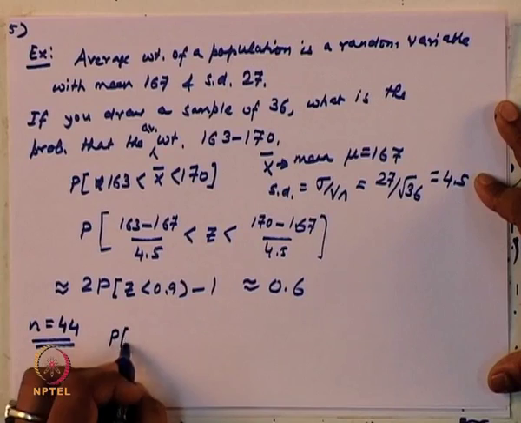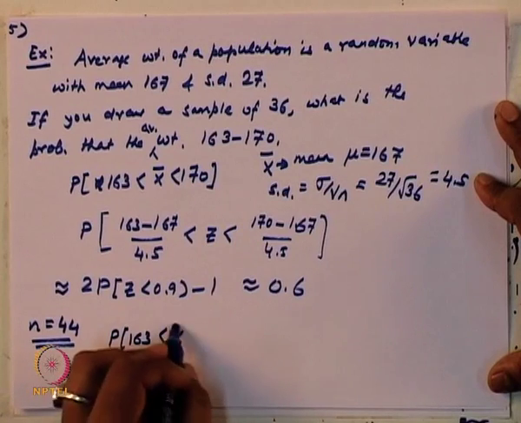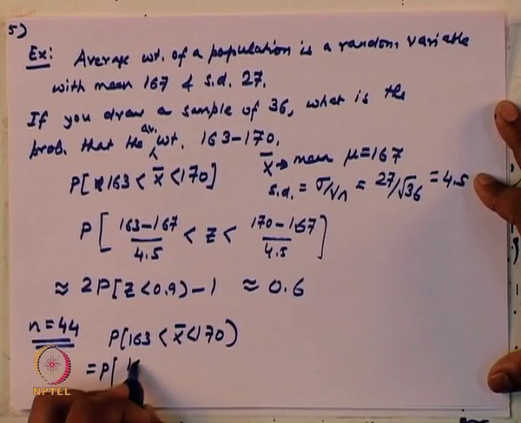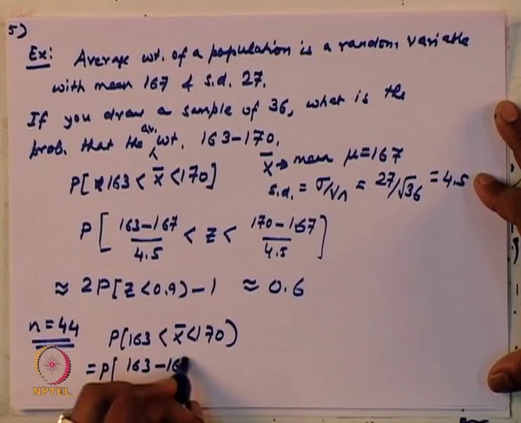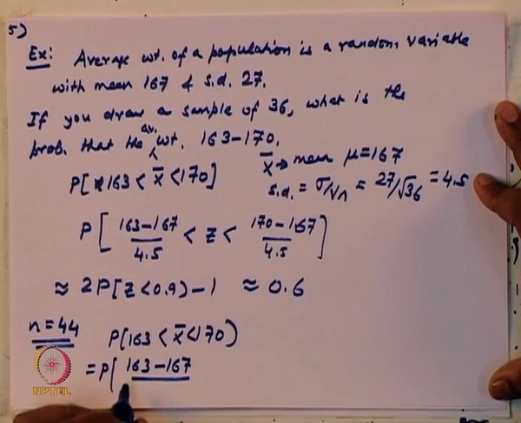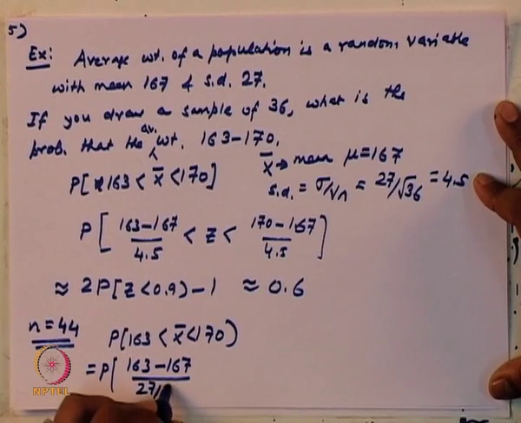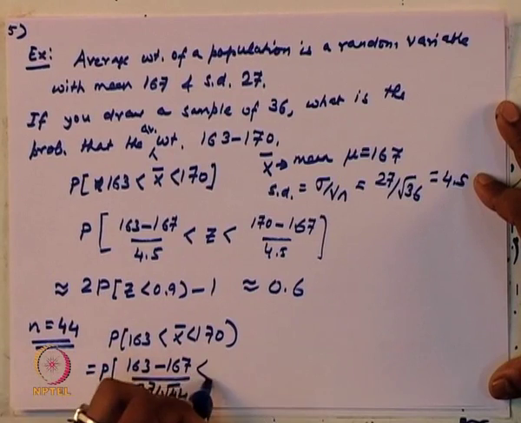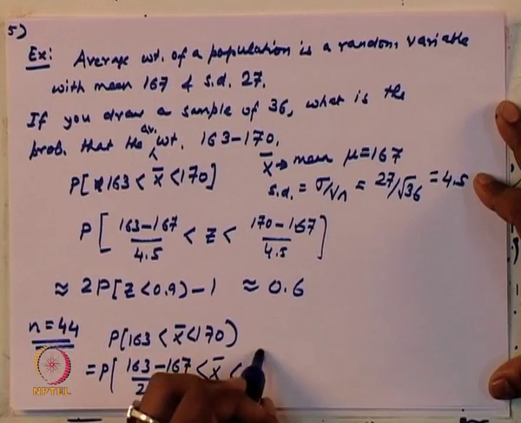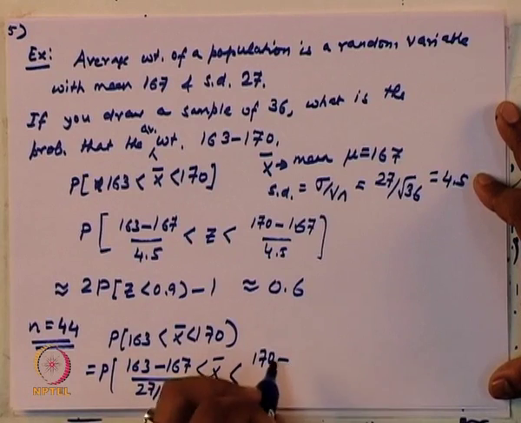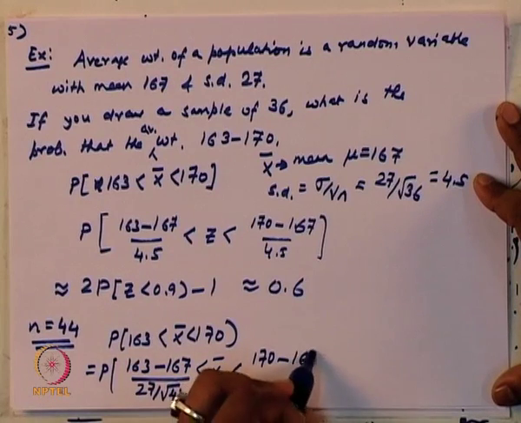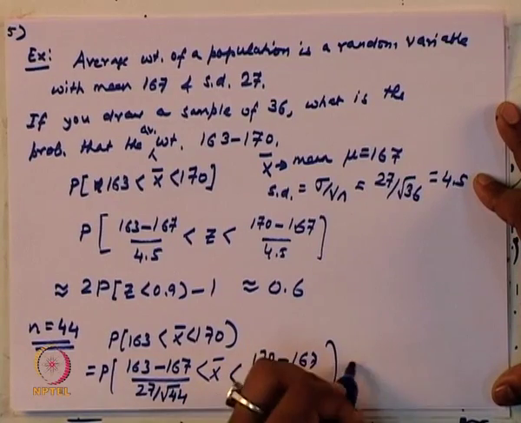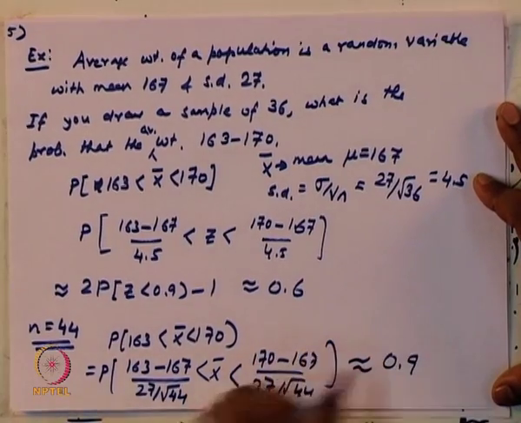But if you use the sample size of 44 and do the same calculation, my probability of 163 less than x bar less than 170 would be the probability of (163 minus 167) by (27 by root of 44), less than z less than (170 minus 167) by (27 by root of n, with n equal to 44), and this probability turns out to be 0.9.